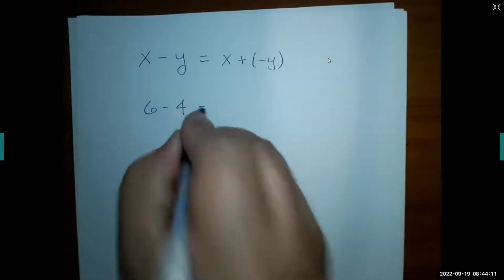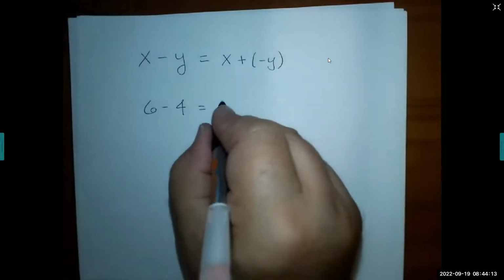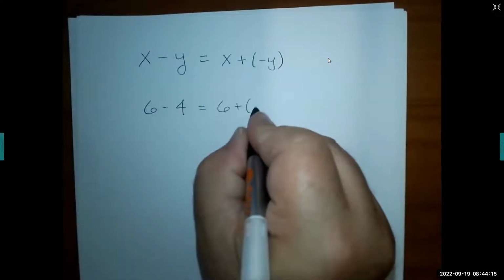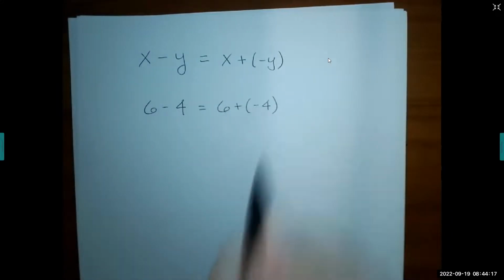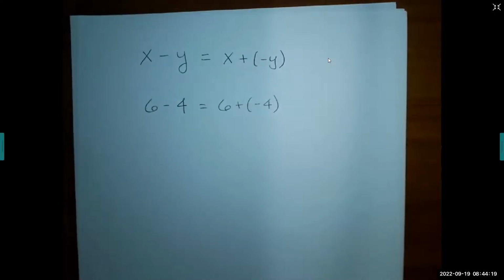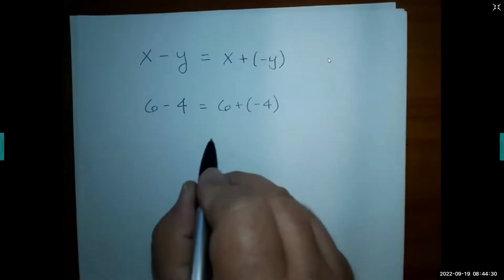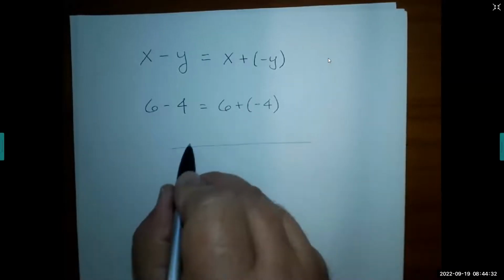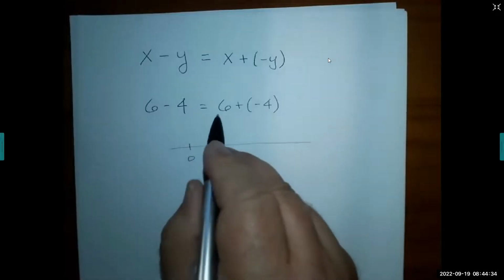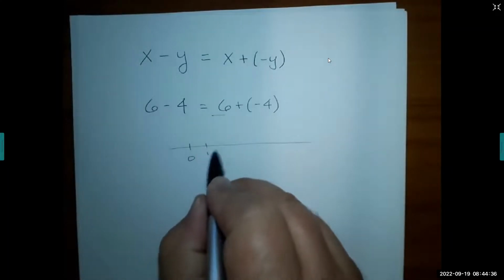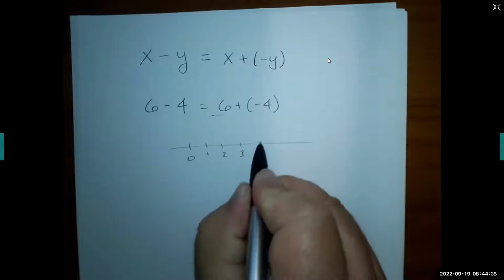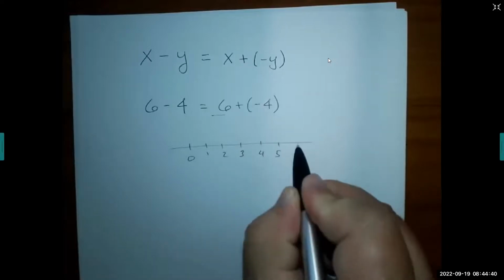Six minus 4. That's the same thing as 6 plus a -4. So on a number line, it first says go +6. 1, 2, 3, 4, 5, 6.